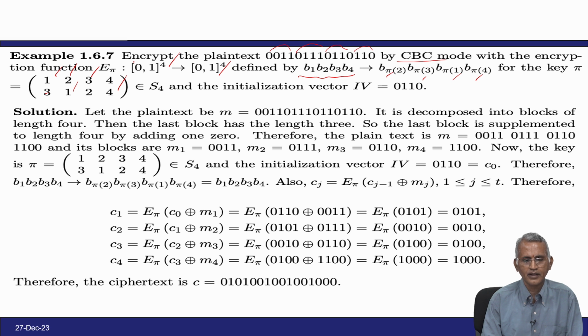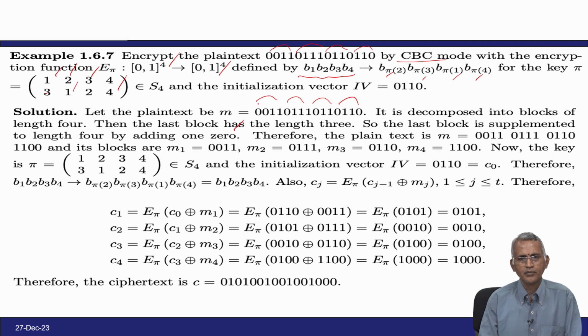This is the permutation given, and the initial vector is 0, 1, 1, 0. Now, the plain text M is given, and one more 0 you have to add to the last one, so that the last block, which has length 3, is supplemented to length 4 by adding a 0.